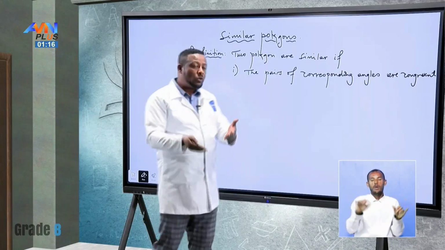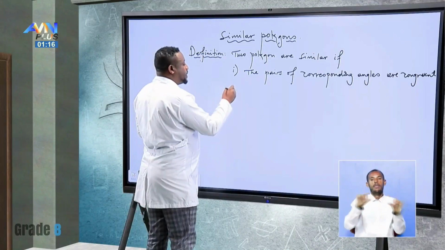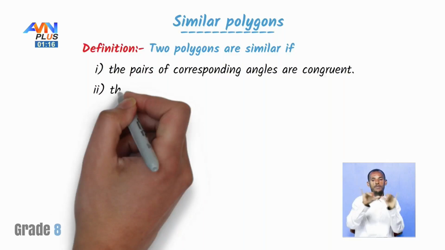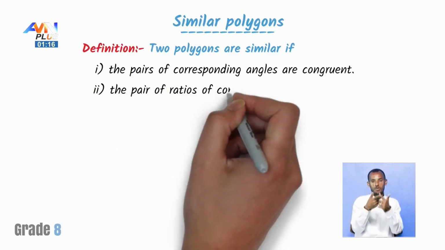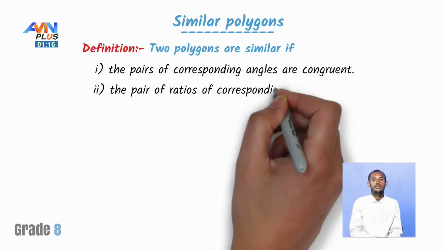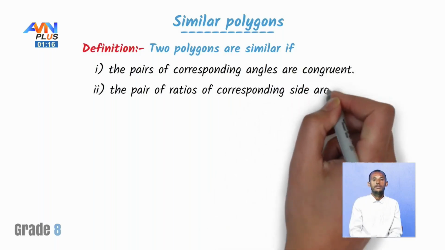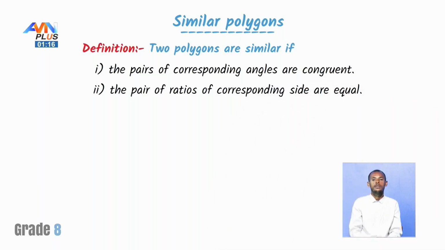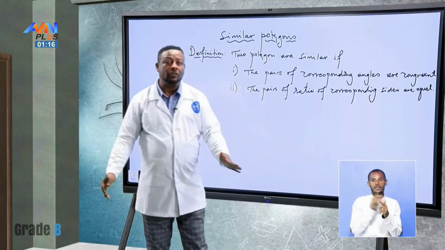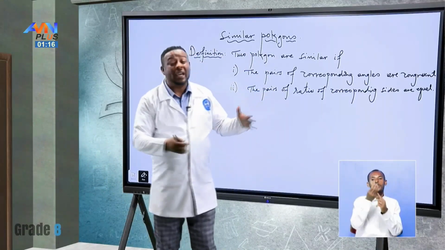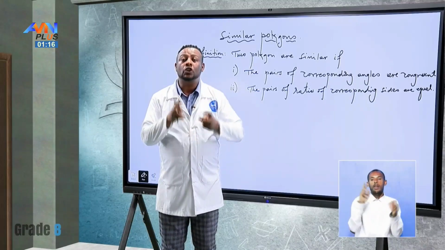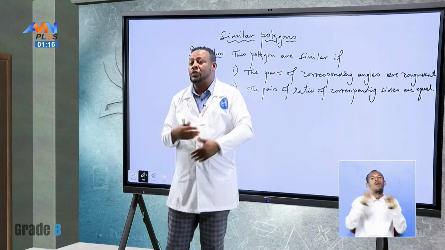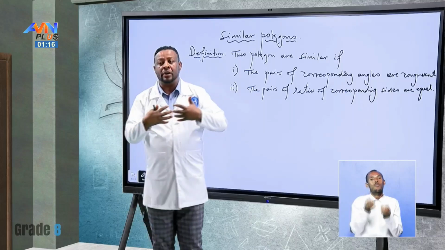We have one more criterion: the ratios of corresponding sides are equal. So the second condition is that the pairs of the ratios of corresponding sides are equal. These two conditions are very important to say two polygons are similar.